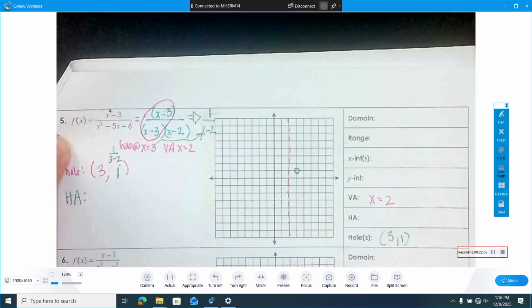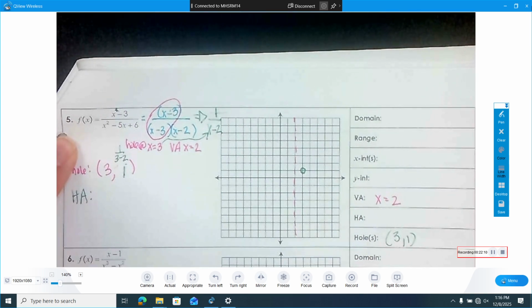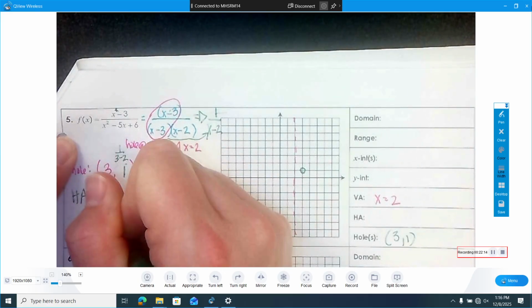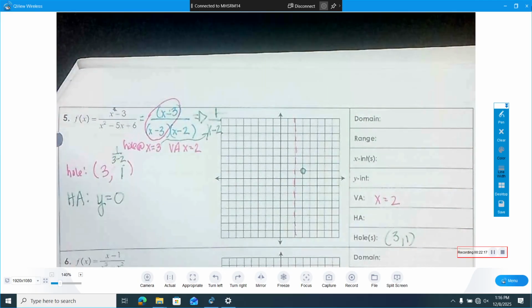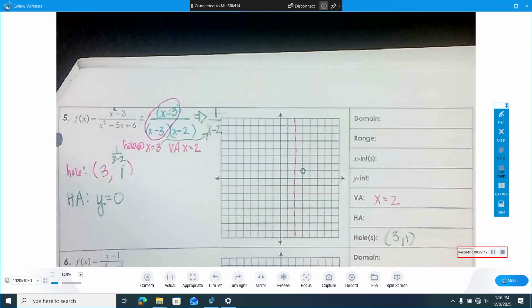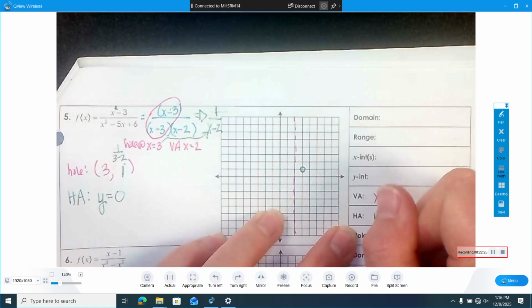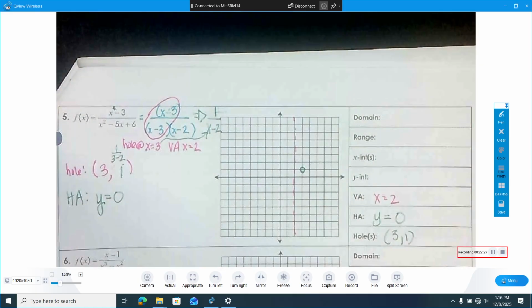The degree of the denominator is 2. Can we divide that? No, it goes in 0 times. We can't use long division. Does x squared go into an x? No, it's too big. So the horizontal asymptote is y equals 0, because this is the case where the degree of the numerator is less than the denominator.